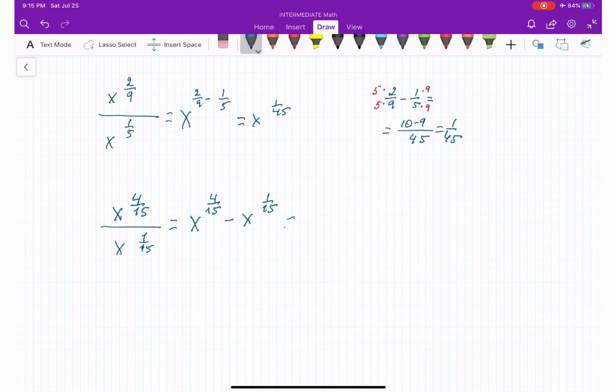This is going to be equal x to power 4/15 minus 1/15, which is 3/15. If we reduce by 3, this is 1, this is 5. It's going to be x to power 1/5.